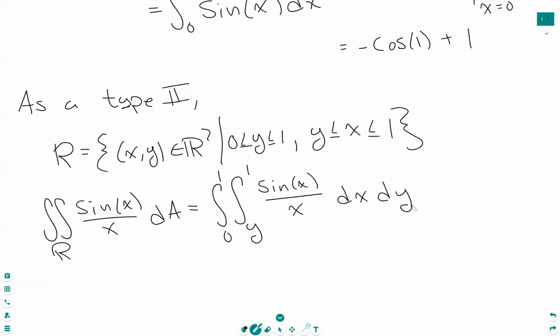So that's the setup. Okay, so now we have to try to integrate this guy. I have sine of x over x, and I'm integrating this with respect to x.